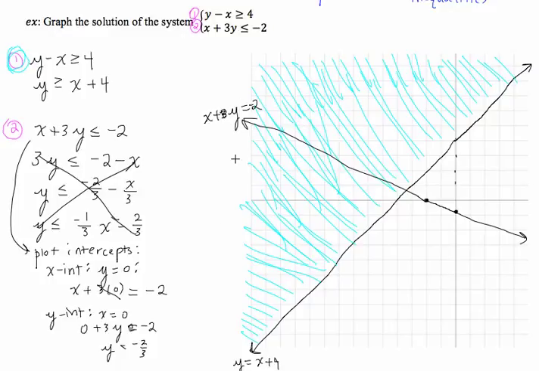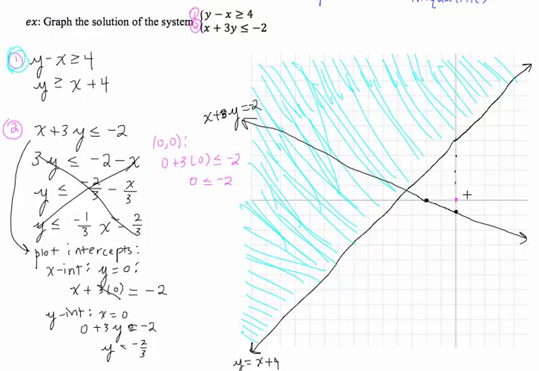Now we have to figure out which half of the plane makes this inequality true. So let's plug in a test point. How about this one, 0, 0? Testing 0, 0, I would get 0 plus 3 times 0. Is that less than or equal to negative 2? 0 is not less than negative 2, 0 is greater than negative 2.